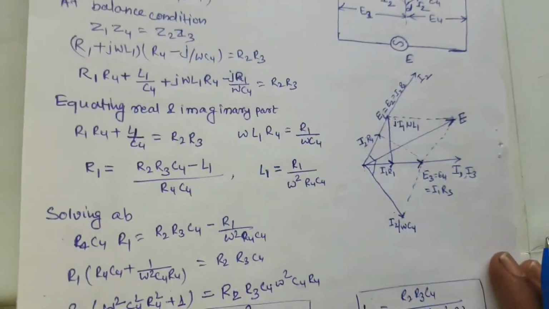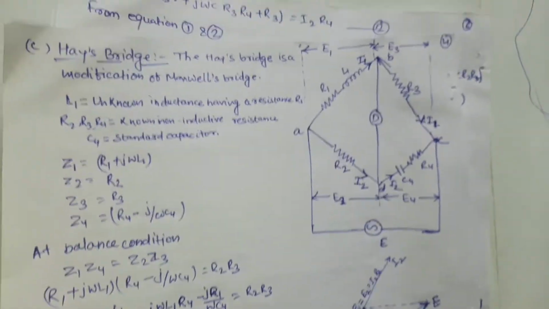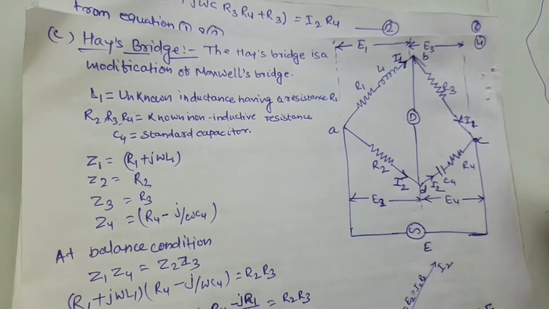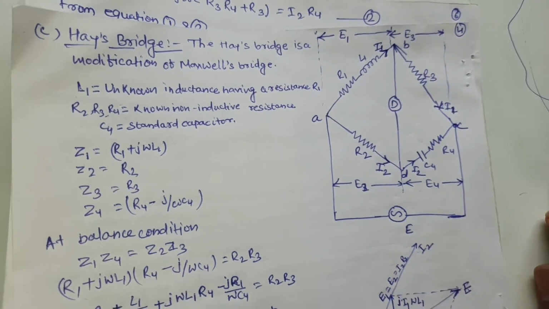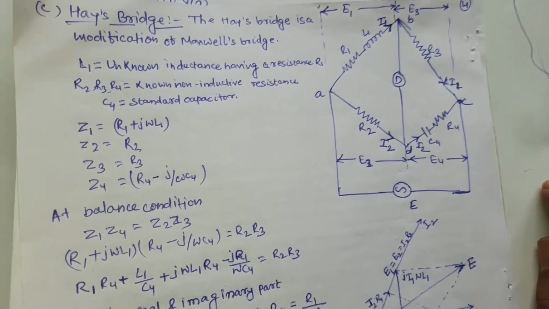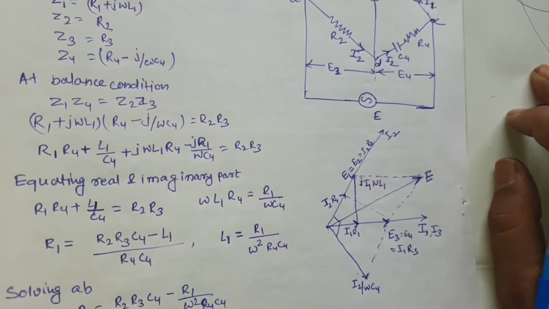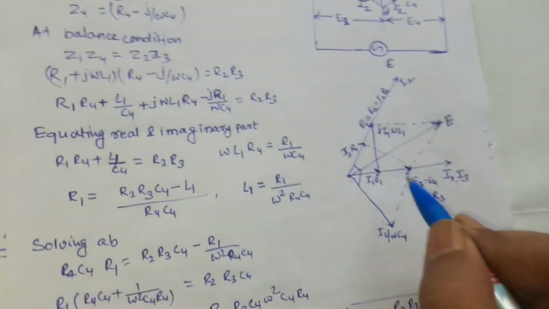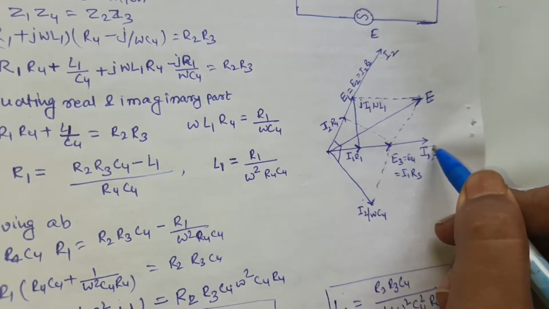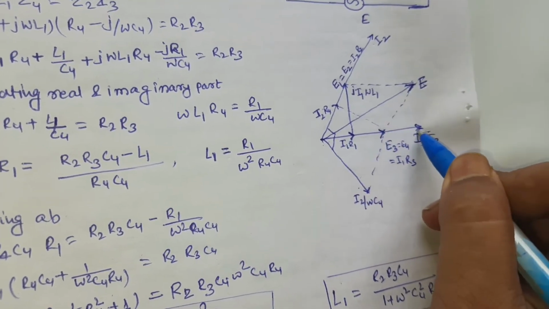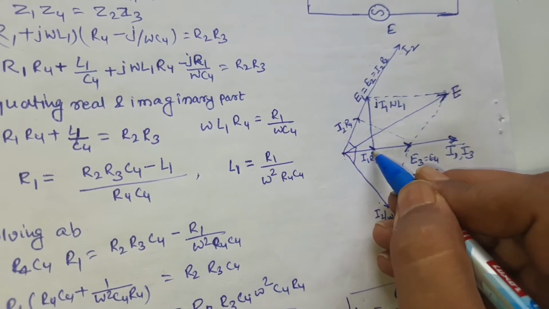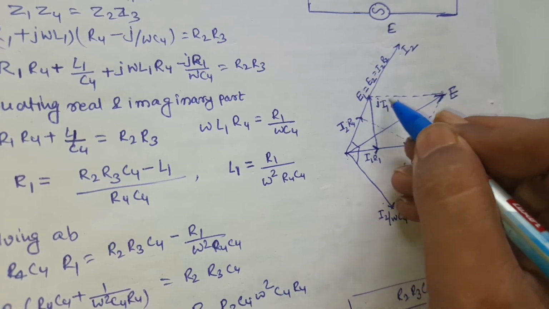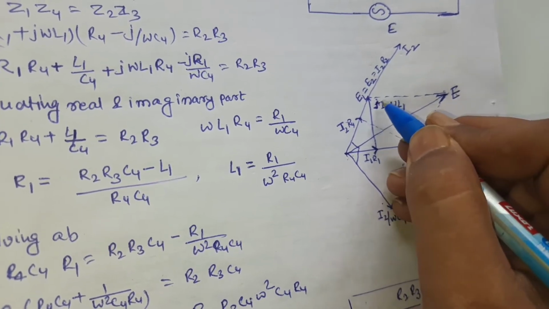In the Hay bridge, suppose I1 and I3 are in the same phase, and I2 and I4 are in the same phase. Suppose this is the phasor diagram, and this is the I1 line. So I1 into R1 plus j omega L1, because this is the j operator.